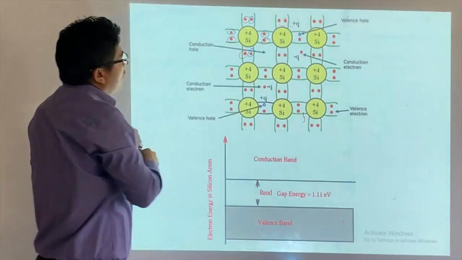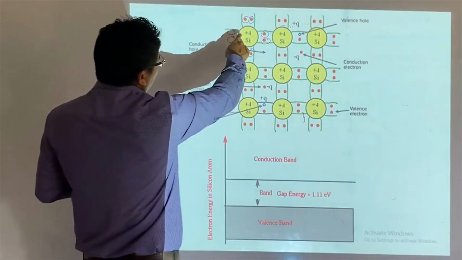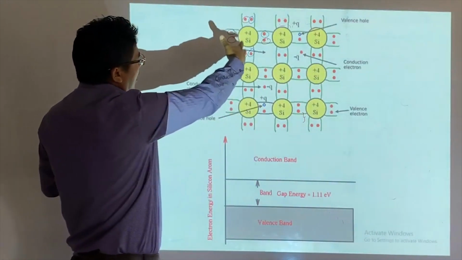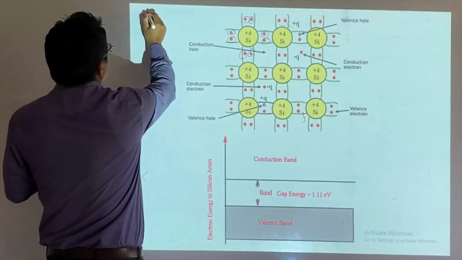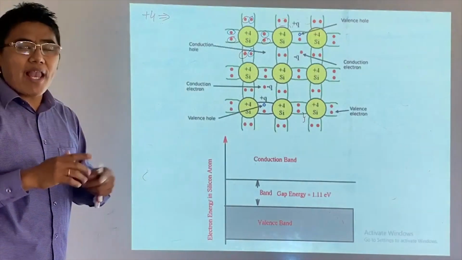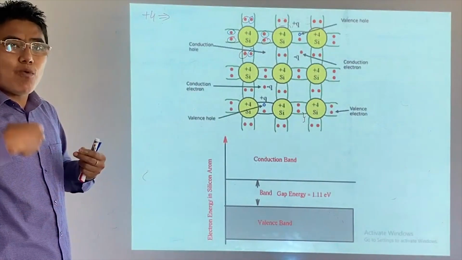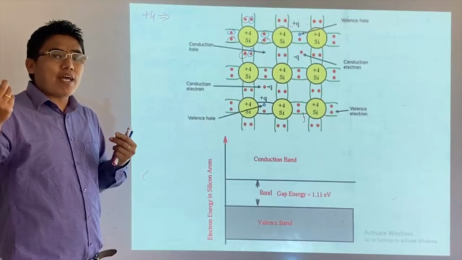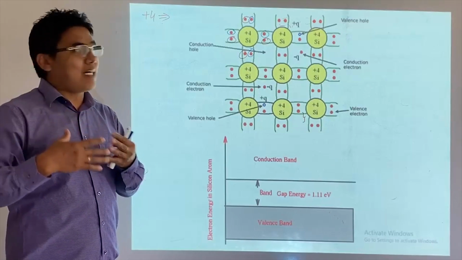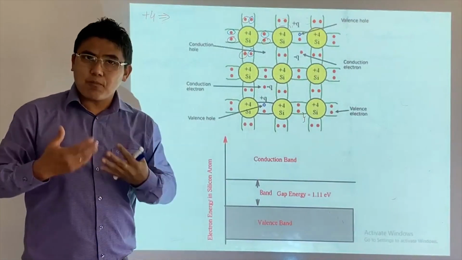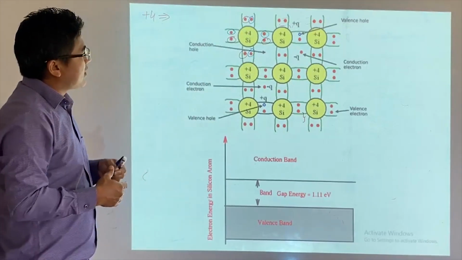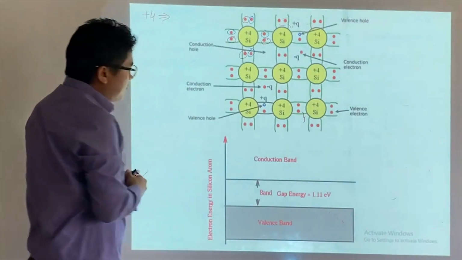And we write plus 4 on each, because plus 4 implies excluding the 4 valence electrons. If I remove the four valence electrons, then silicon has 4 excess positive charge. Therefore, we have written plus 4.